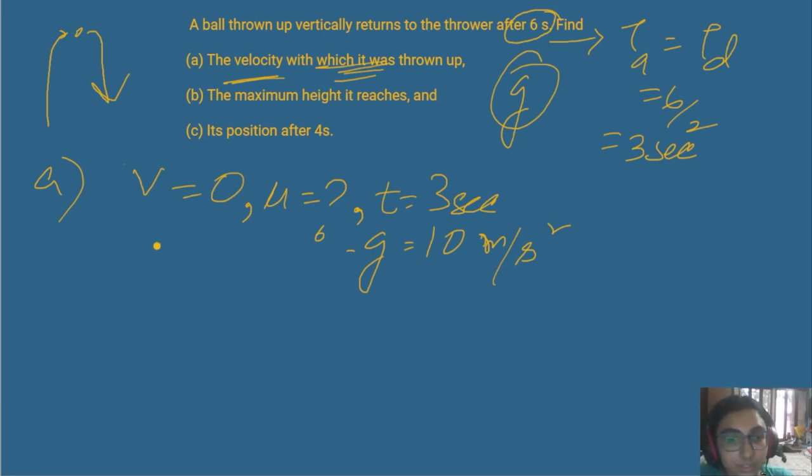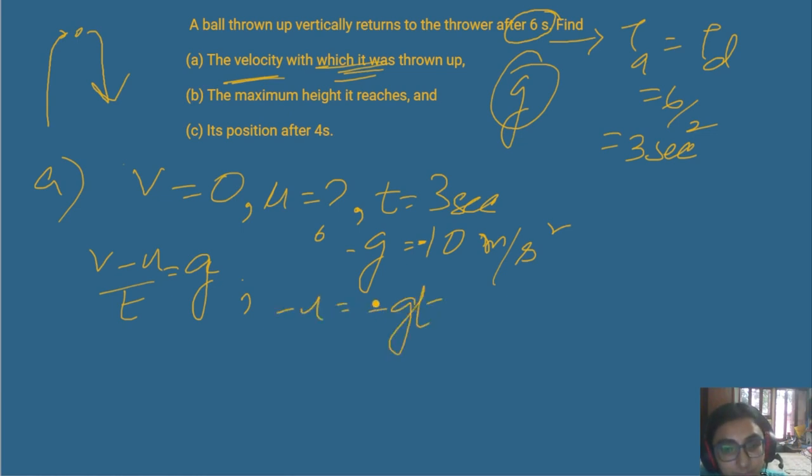So we can just use that formula, v minus u by t equals a, or here it will be g rather, sorry. So since the ball is thrown up, we have to take the acceleration as minus. Just remember that because it's against the gravity, it's going up. So minus u equals minus gt, both of them positive.